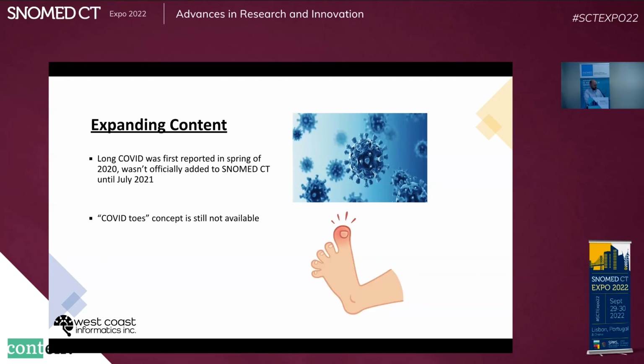And then something called COVID toes, which is a skin condition, a skin rash that's kind of been associated with COVID infections, is something that's still not available in SNOMED. So in that case, it's something you can request, or you could add it to an extension pretty easily if you have a much smaller set of data. Next slide.